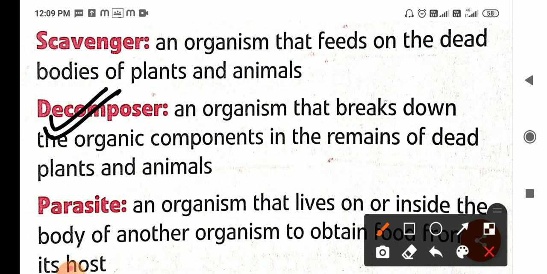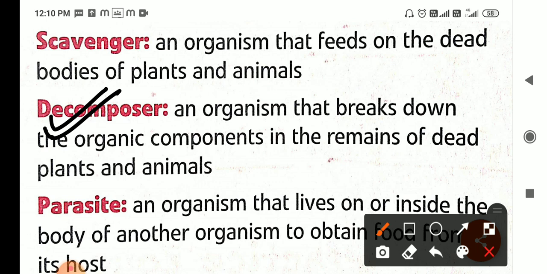It means decomposers decompose or break down the dead and decaying matter or organic matter into its final components.